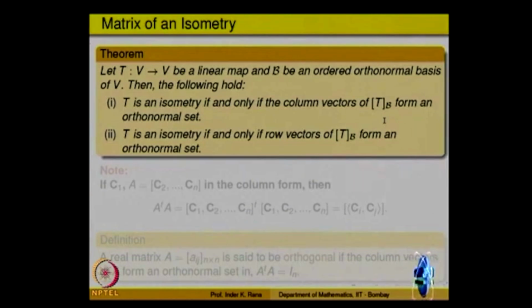Here, if the starting basis is orthonormal, and if T is an isometry, one can show that the column vectors are actually orthonormal. They are perpendicular to each other and norm is equal to 1. So that is a special property of linear transformations when you get their matrix with respect to an ordered orthonormal basis. We won't write the proof of that, but it is a very nice property.